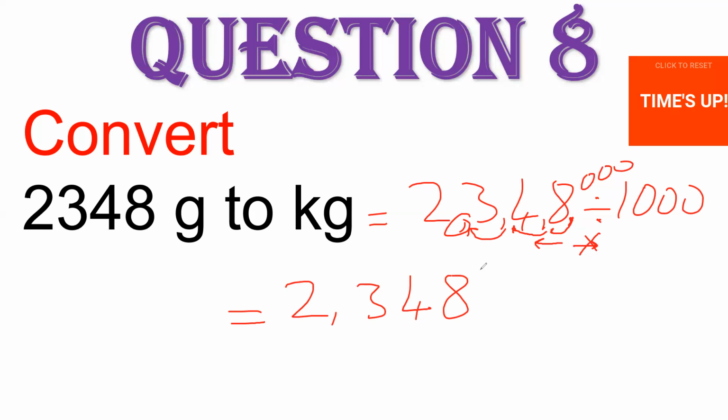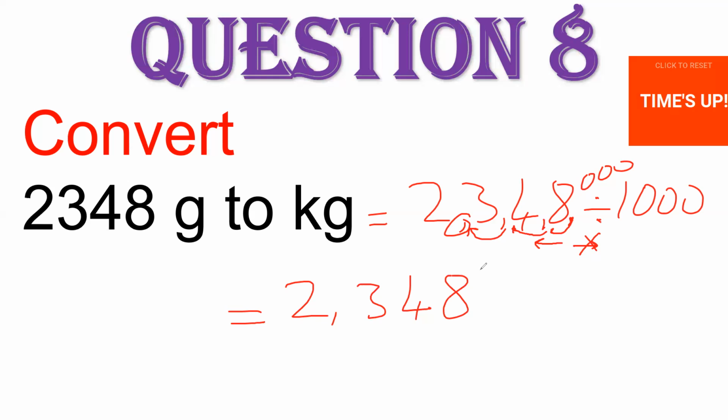So one more time. If you multiply by 1,000, 1 million or something like that, the comma is moving to the right. But divide by 1,000, 10,000, 100,000, the comma is moving to the left. How many times? To know that, you check the zeros. How many zeros do you have?